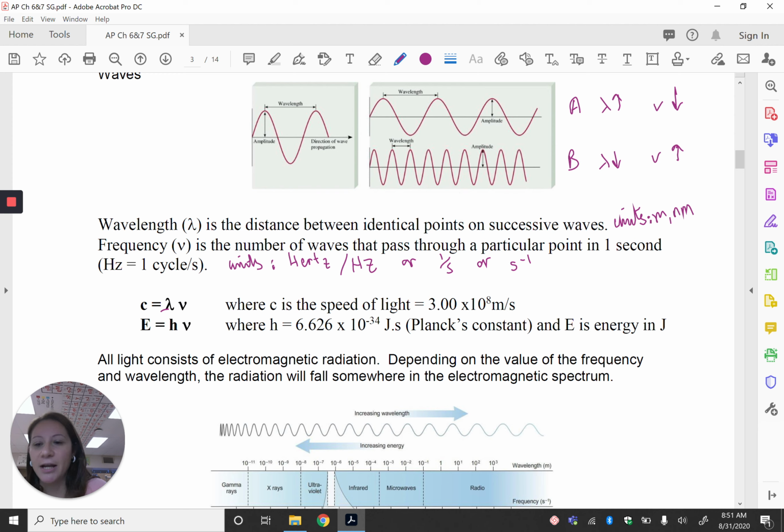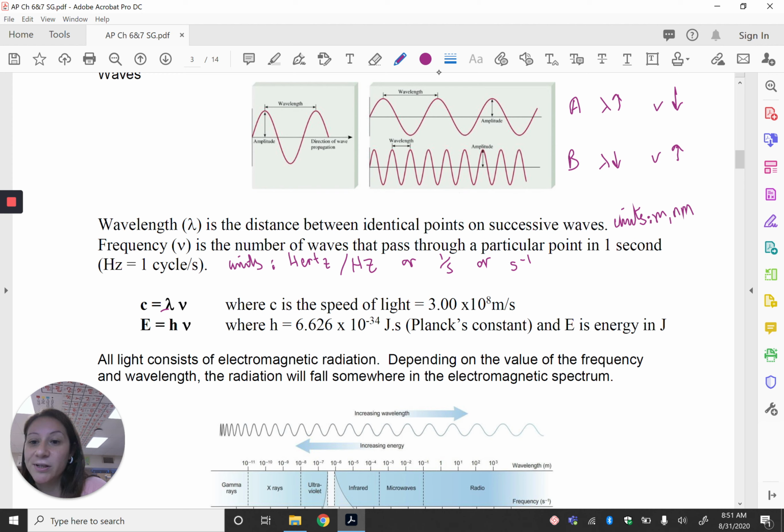Remember that we're talking about light waves here. So in terms of numerical answers, if I'm solving for lambda, for the wavelength, it should be a very, very small length, right? Usually nanometers. So like 10 to the negative 7th or negative 9th meters. Very, very small, because it's a light wave, so it shouldn't have a very high wavelength.